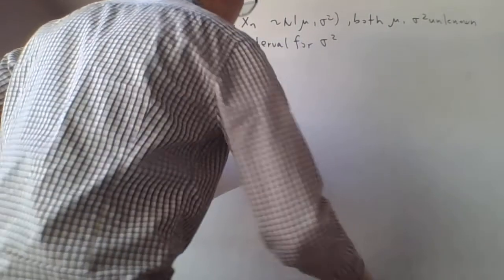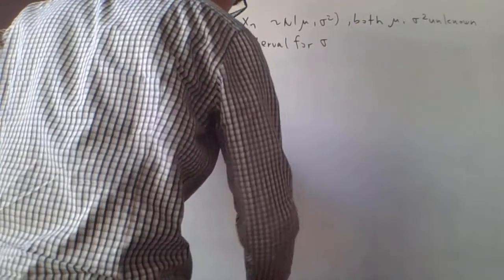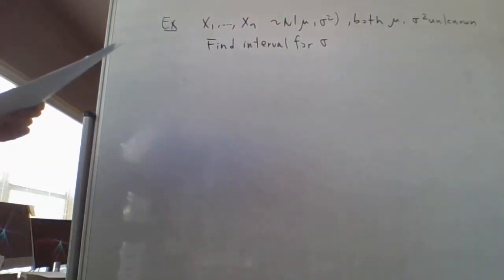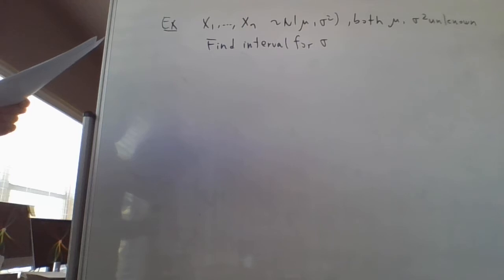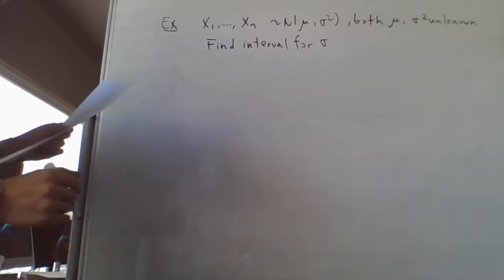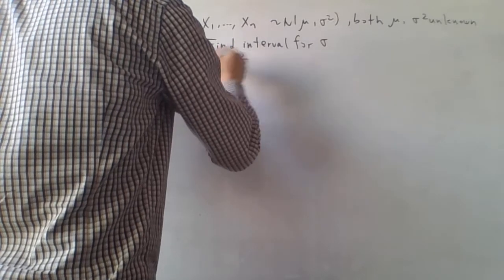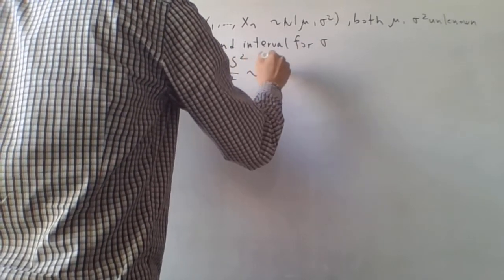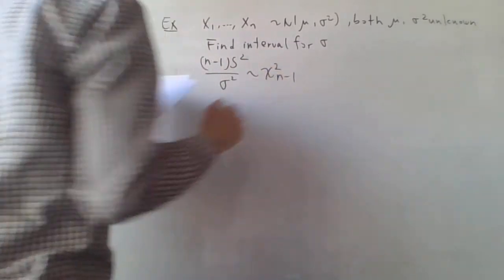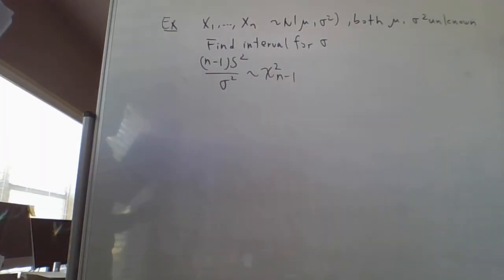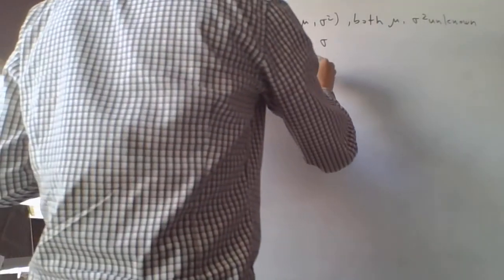Not sigma square, sigma. So in this case, we would like to use this fact: n minus 1 times s squared divided by sigma squared follows a chi-square distribution with n minus 1 degrees of freedom.